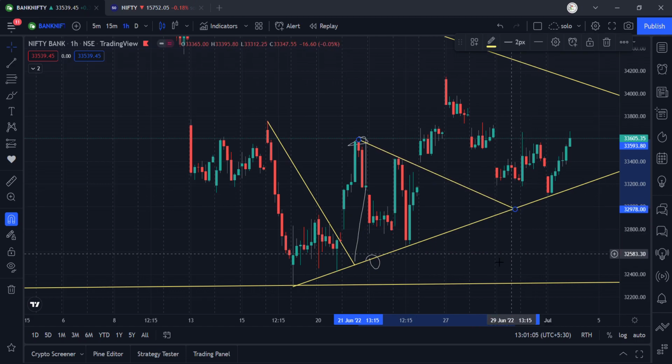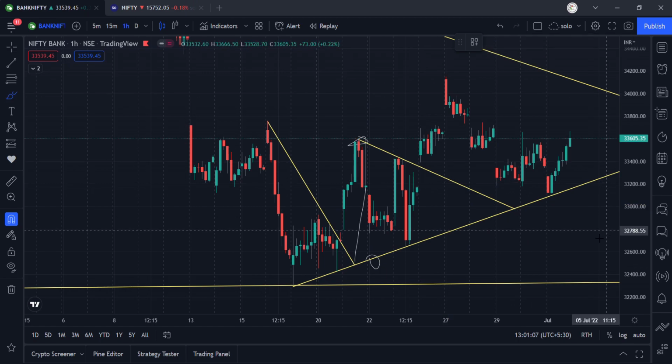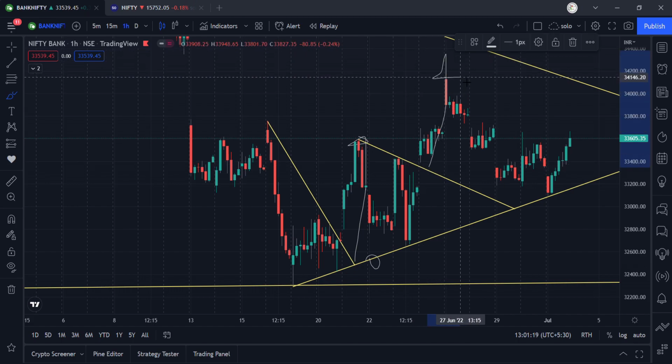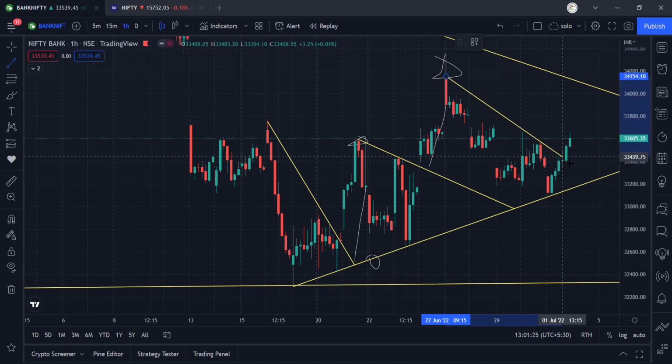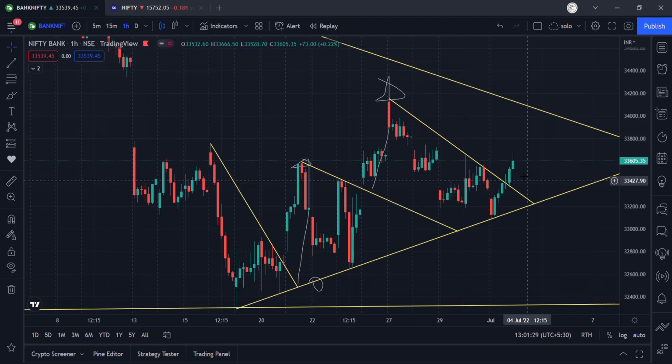Then after breaking this, it had a break and opened a gap up, and then it got a bounce over here. And again I want to counter this. If you see this, we had a break.